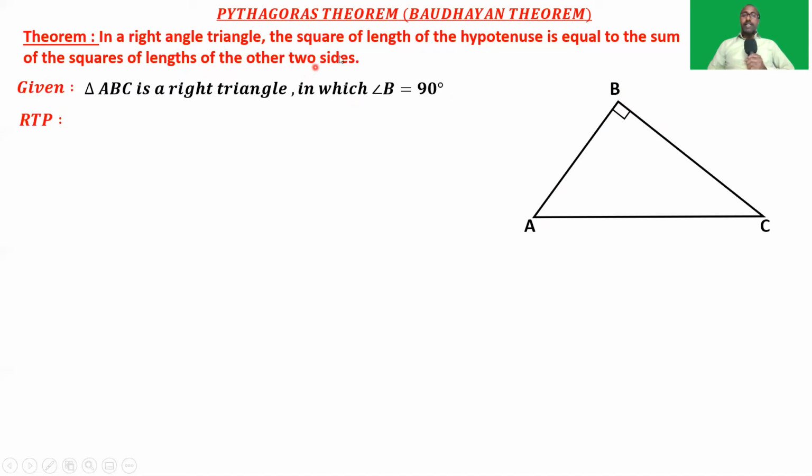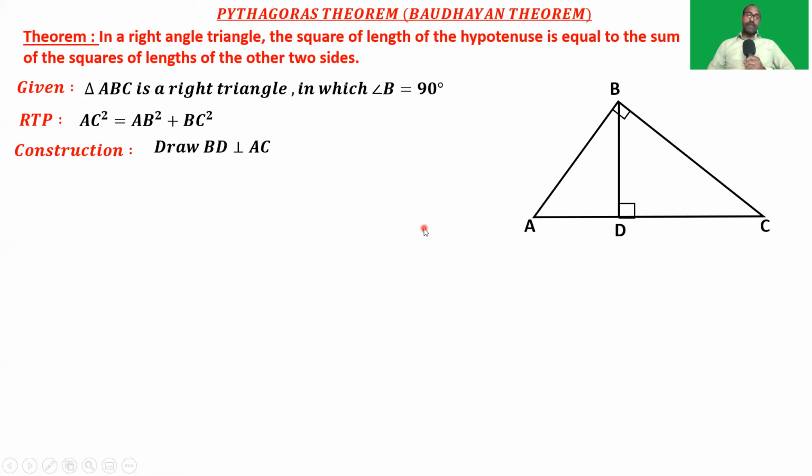Here it is given that the square of the length of the hypotenuse, that is square of AC, is equal to the sum of the squares of the lengths of the other two sides, that is square of AB plus square of BC. To prove this, we make a construction: draw a perpendicular from B to the hypotenuse AC, that is BD perpendicular to AC.